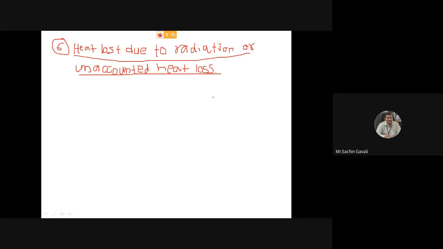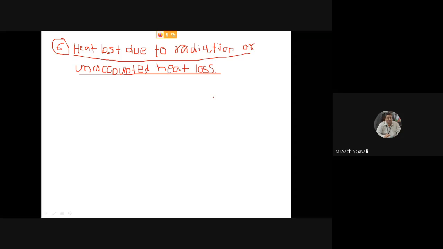Though we do insulation, there is no 100% insulating material. Some leakage of heat through the insulation, the wool or foam material we use, is there, but still some amount of heat always goes into the atmosphere, because the boiler parts are heated.